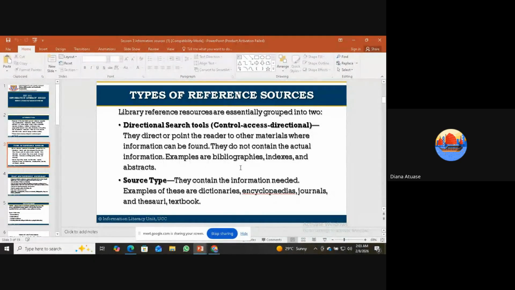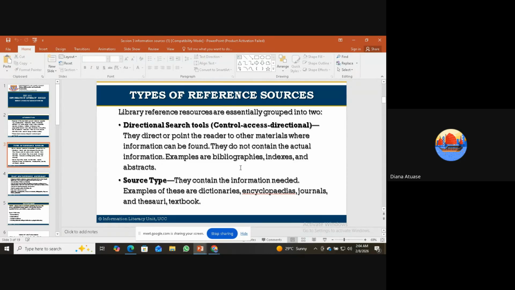So for example, bibliographies. When we were looking at the types of libraries and the National Library, we said the National Library compiles the national bibliography. And I explained that a bibliography is just a compilation of works or publications by authors. So in a bibliography, you can find, for example, bibliographies of authors.